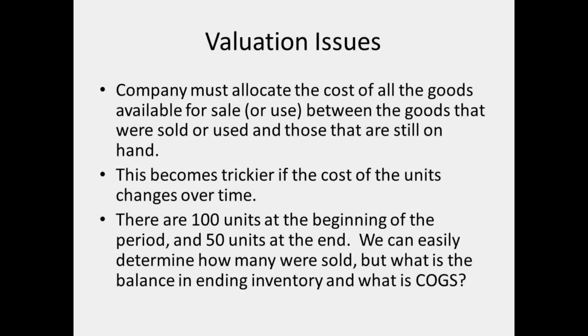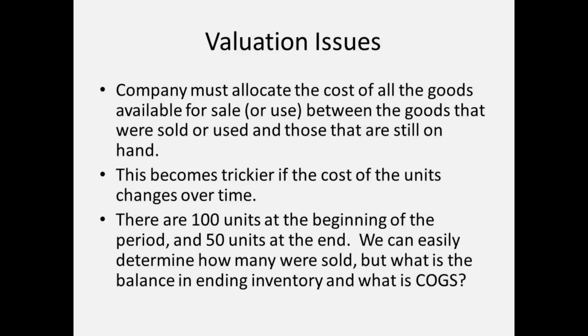Well, definitely a combination of the two, because if we sold 150 units, we only had 100 on hand or 100 purchased. But did we first sell the first 100 and then sell the next 50? We don't know that. Maybe we did, maybe we didn't. It doesn't matter from an accounting perspective.